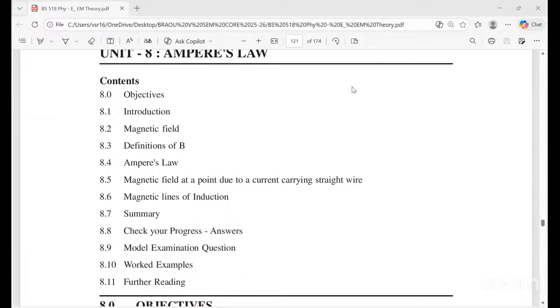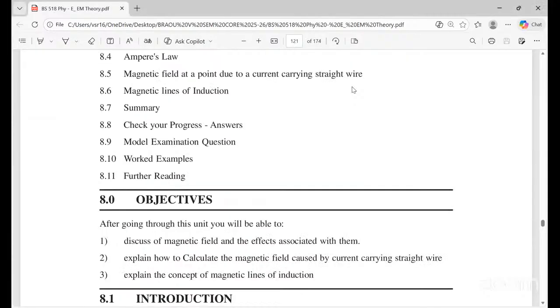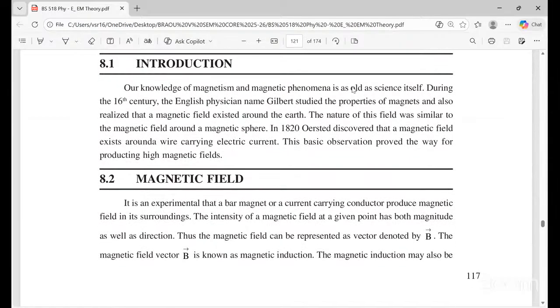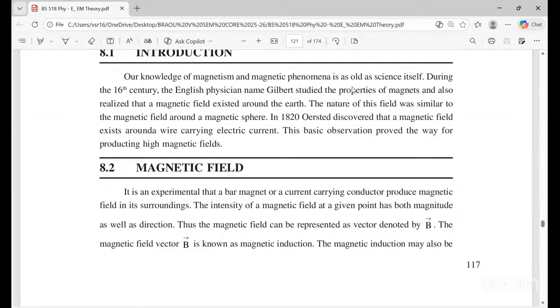How to find out the capital B by using a point charge passing through a current carrying conductor. That will come into the picture, as was stated by Ørsted. And magnetic lines. So first of all, I'll let you go for the introduction here. You know pretty well the relation between E and B. E is the electric field and B is the magnetic field, which are always perpendicular to each other.